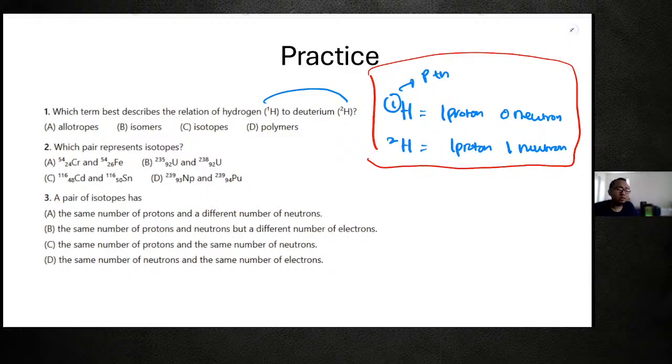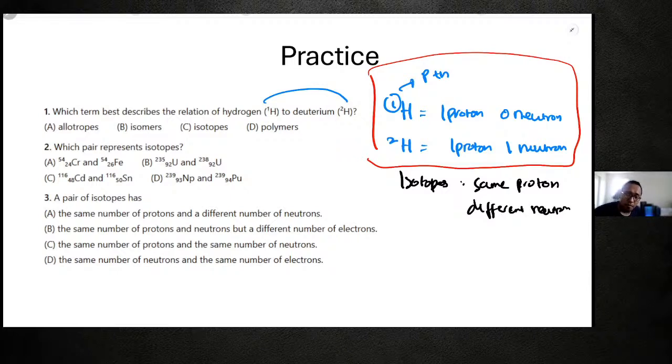What we understood from the previous question, the first question about the isotope, is that an isotope has the same number of protons but different neutrons. That's the very definition of isotope. Based on this concept, it has the same protons and different neutrons, so it should be isotope.